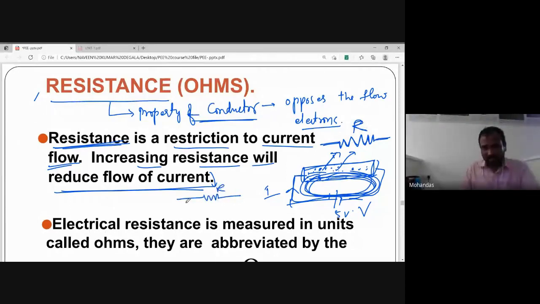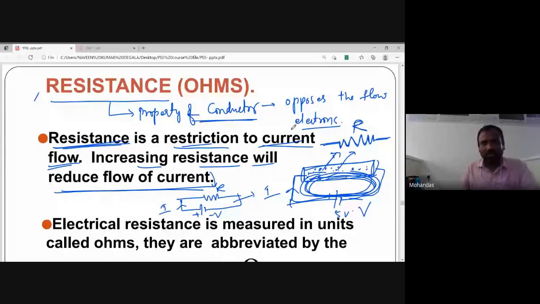This is a voltage V, plus and minus, and current I is flowing. This is known as an electrical circuit, we know. So what do you mean by resistance here? It is a restriction or opposition to the current flow. Current is what? The flow of electrons.